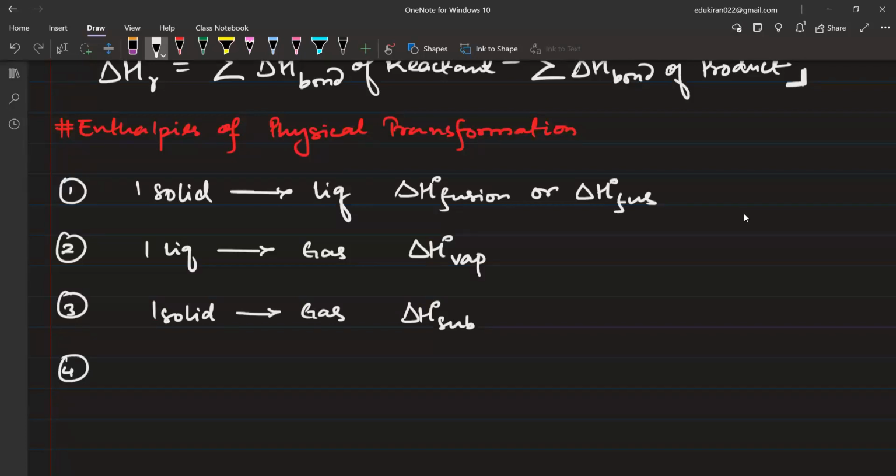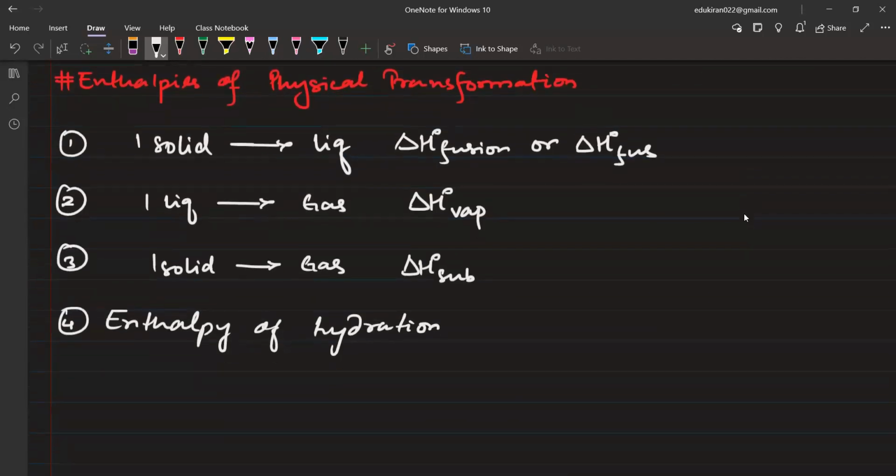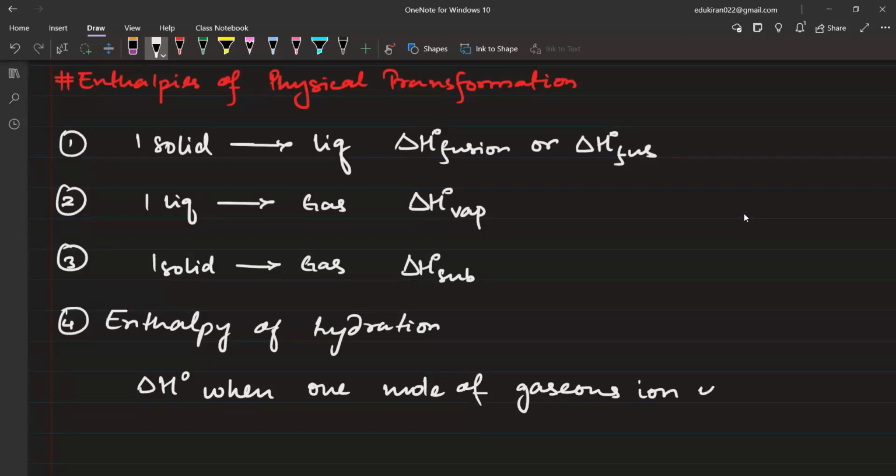Fourth is, please see, enthalpy of hydration. What is this? It is, please write, enthalpy change delta H naught when 1 mole of gaseous ion is hydrated by water. Okay, so when we are going to put any ion inside water, there will be some hydration.